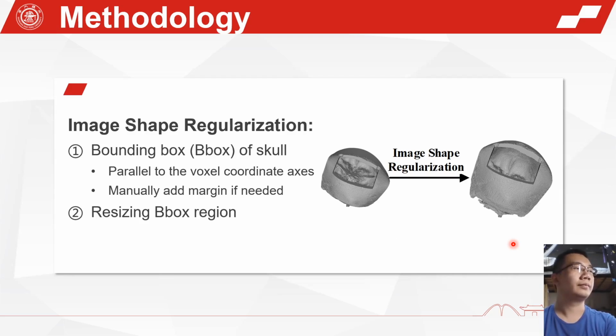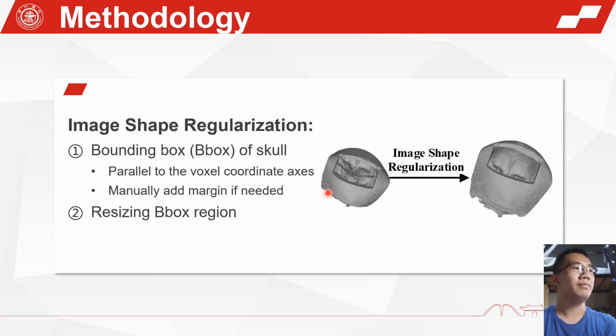In order to regularize the shape of each cranial image, the bounding box of the skull region in each image is first calculated. Notice that the edges of the bounding box must be parallel or orthogonal to the voxel coordinate axis.